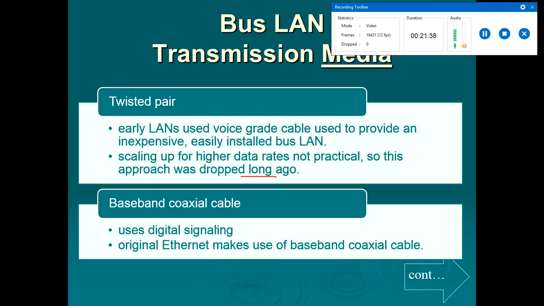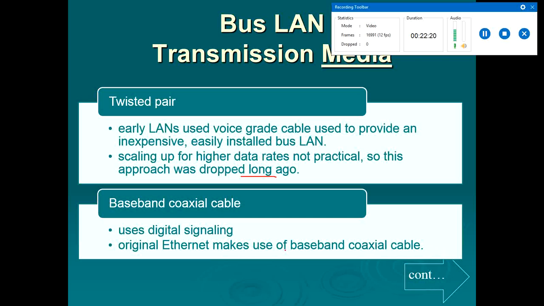Next is baseband coaxial cable. It uses digital signaling, and original Ethernet makes use of baseband coaxial cable. We have two types of transmission, baseband and broadband. In baseband transmission, the whole bandwidth of the cable is utilized by a single signal, and it is possible to transmit multiple signals on a single cable by using a process called multiplexing; baseband transmission uses time division multiplexing.